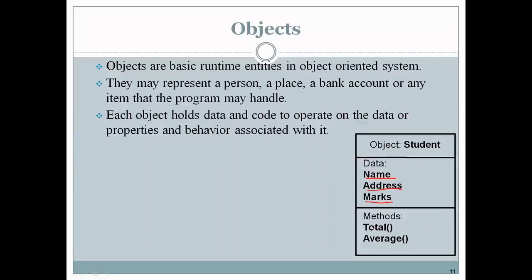Same way, there are some methods which are associated with this object, that is total and average. So this is object student with its data and methods. As I've said, every object has its own properties, means data, and behavior, means methods in programming context, associated with it.